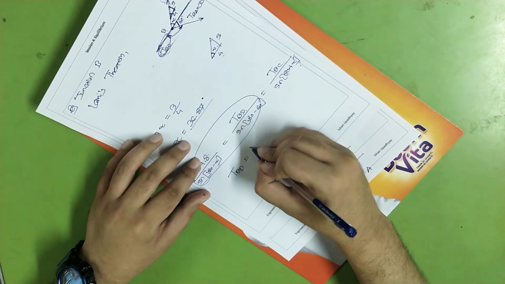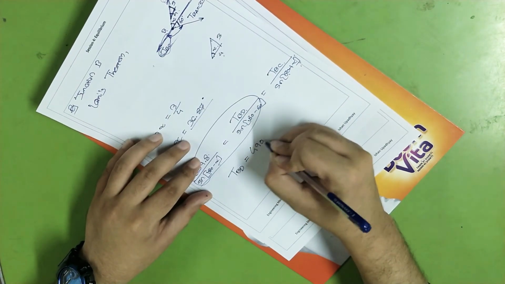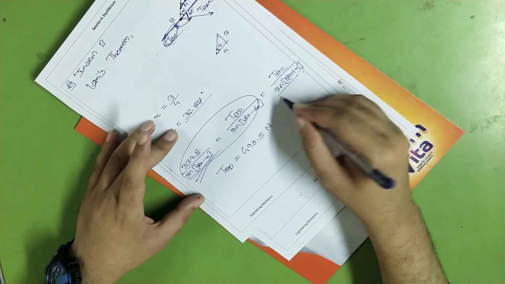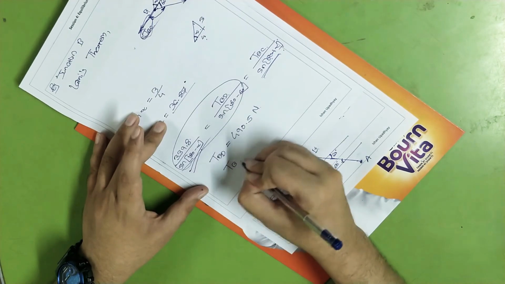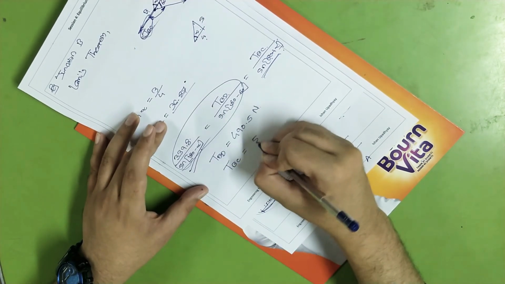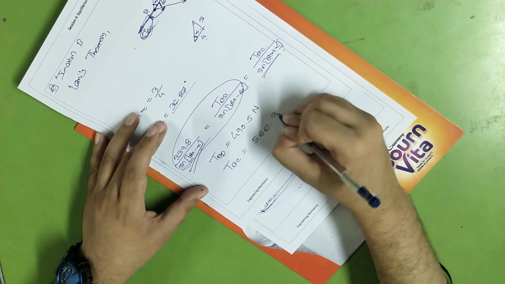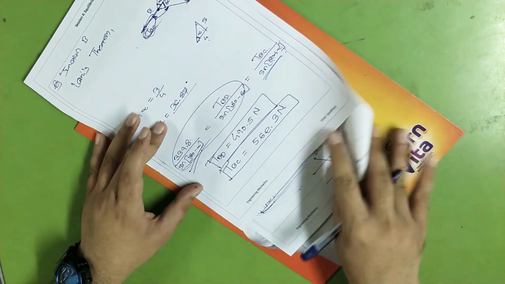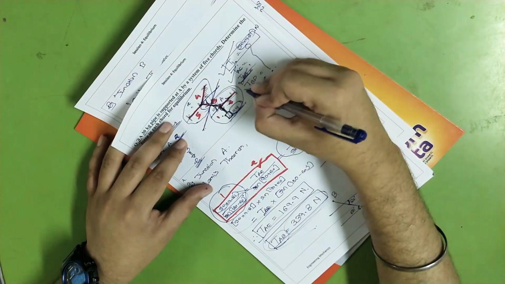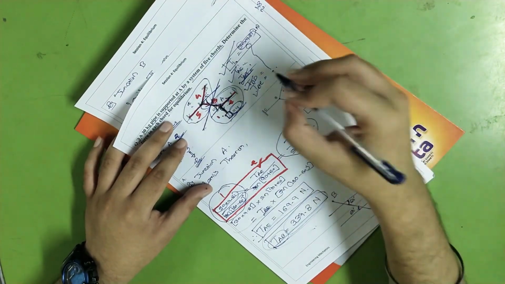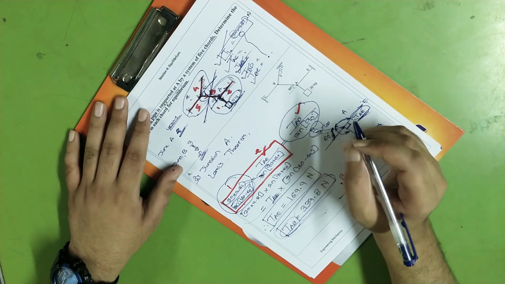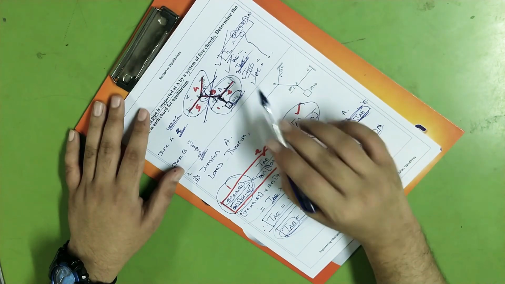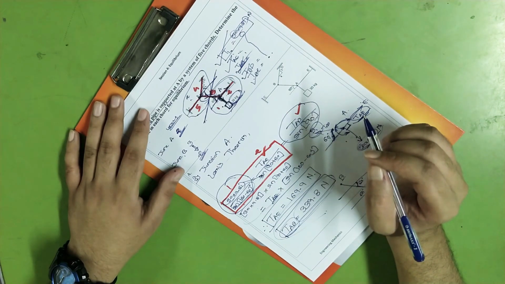I get TBD as 490.5 Newtons, and then with the first and third ratios I can get TBC as 562.3 Newtons. So what I got here is TBC and TBD. Here you can see that with the help of Lami's theorem, I have got the required answer.